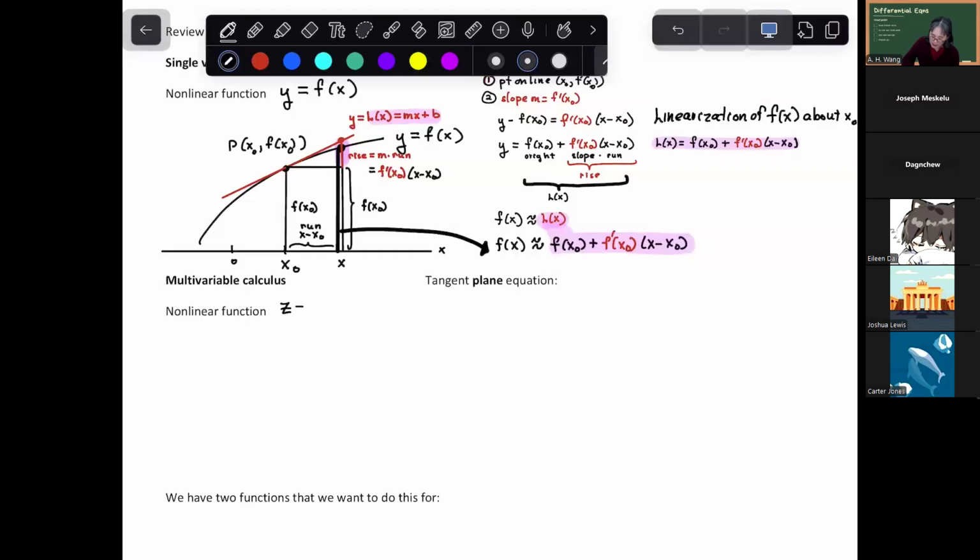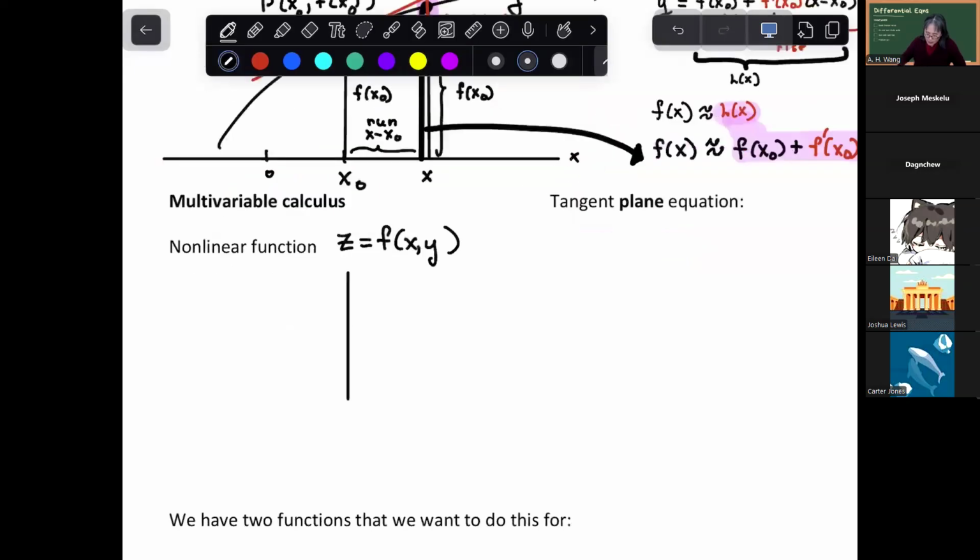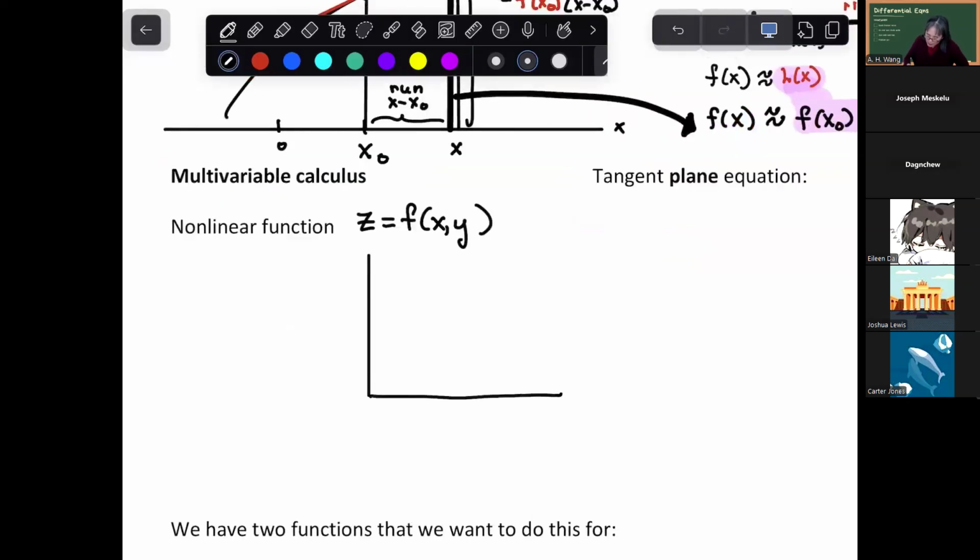You have z equal f of x, y. This is a nonlinear function like above. So z equal f of x, y, what's that like? Well, downstairs you have your xy plane. You have points down here, each with an x and y, and you plug it in and you get a height.